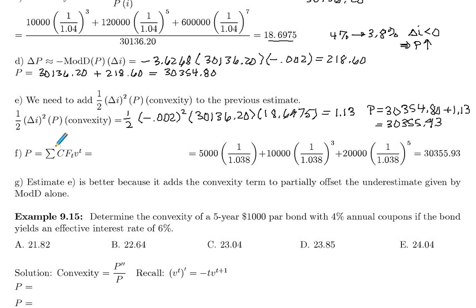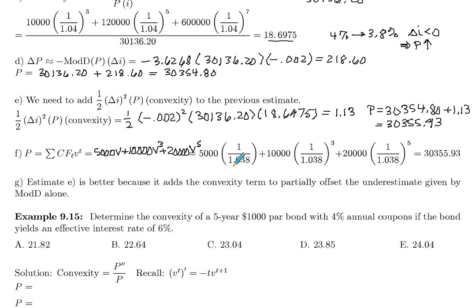Okay, part F said to compute the actual price at the new interest rate. So price is the present value of the cash flows, except now our discount factor is going to be at 3.8% instead of at 4%. So we're still going to take that $5,000 cash flow at time 1 and discount it with v to the first power, and the $10,000 cash flow at time 3 and discount it with v cubed, and then the $20,000 cash flow at time 5 and discount it with v to the 5th.